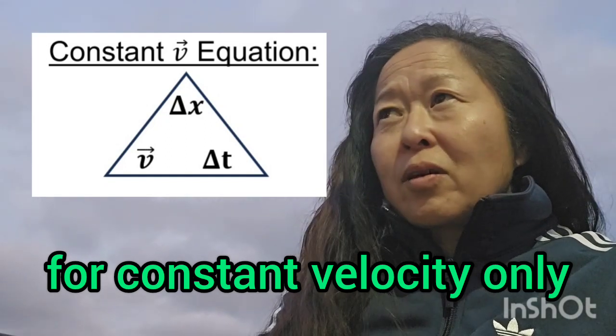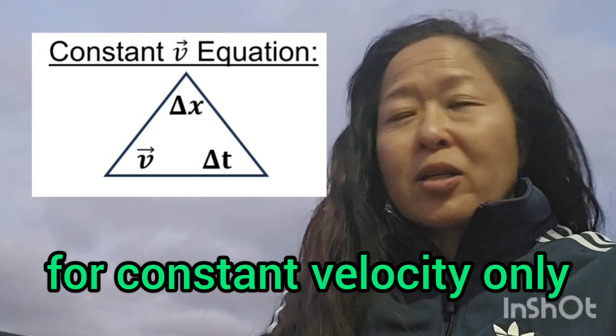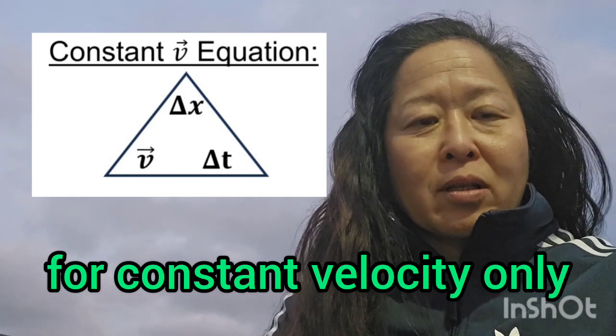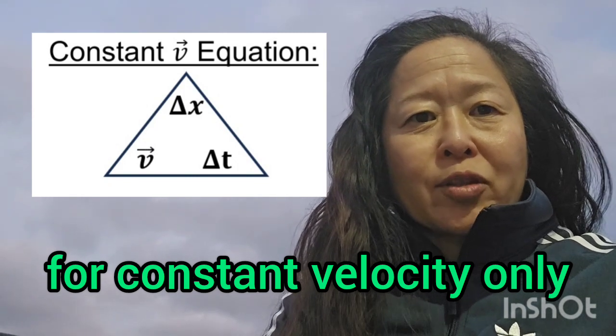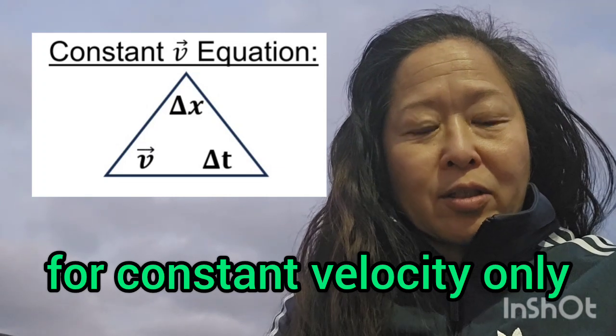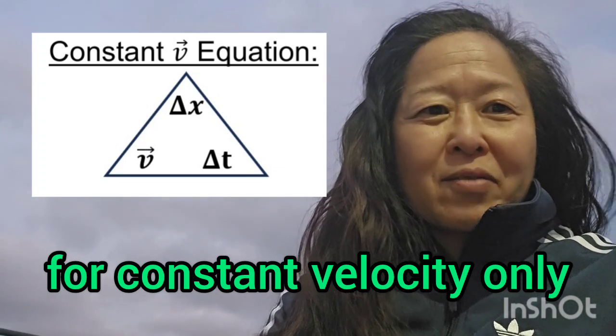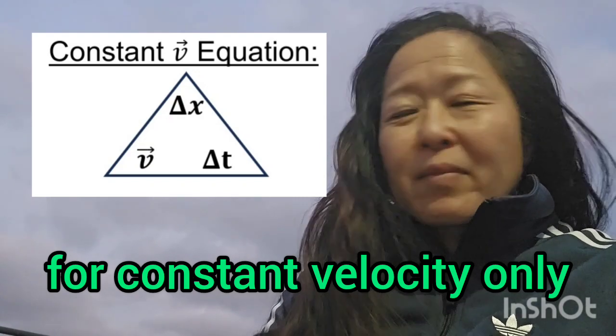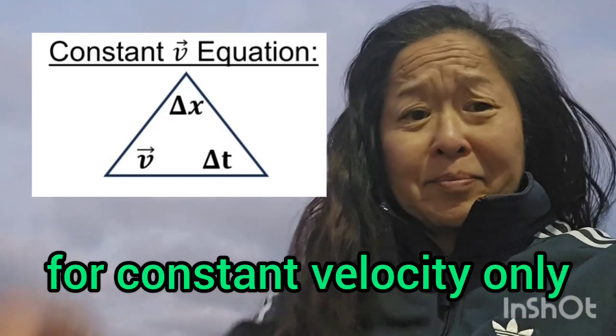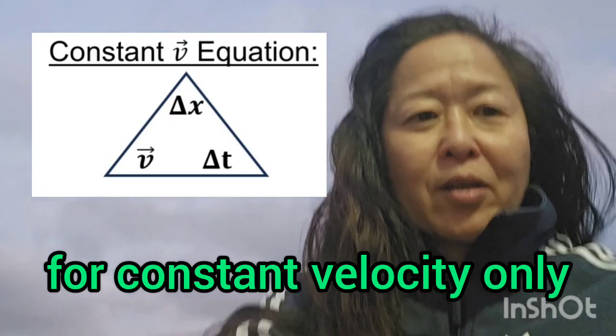Alright, so again, just make sure the only time you use this is when you know for sure that the velocity is constant. And how do you know that? Well, you'll have to read the question very carefully. It should tell you that. There should be no mention of an initial velocity and a final velocity.